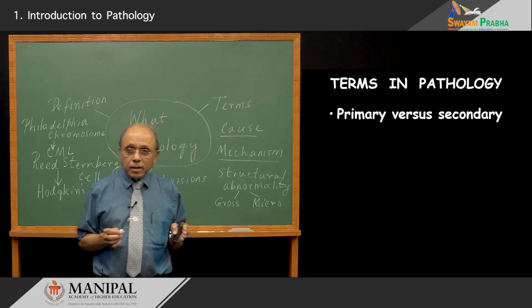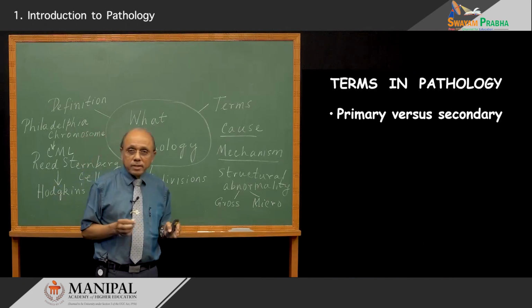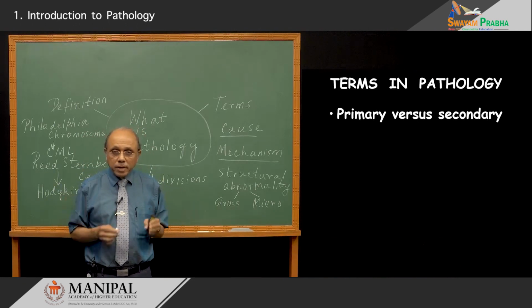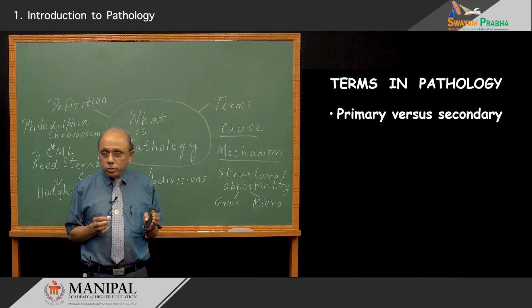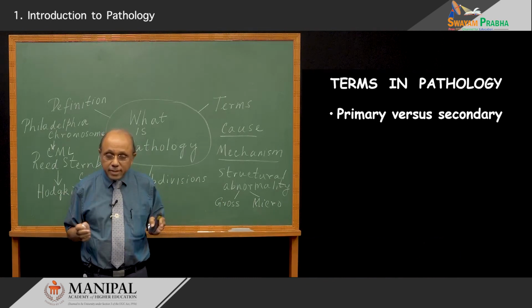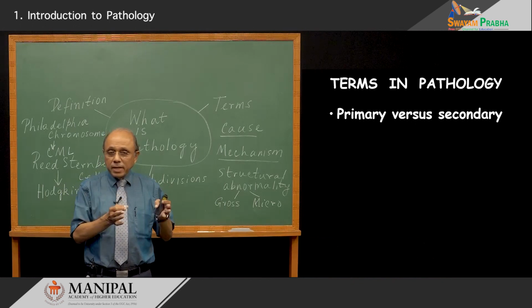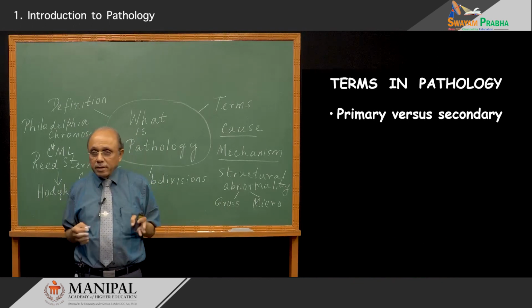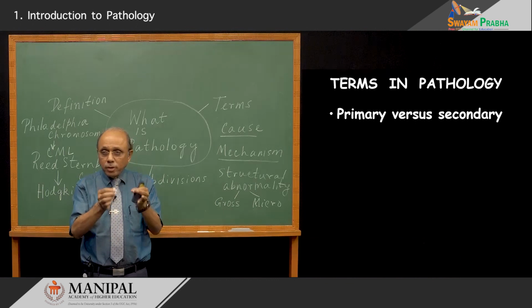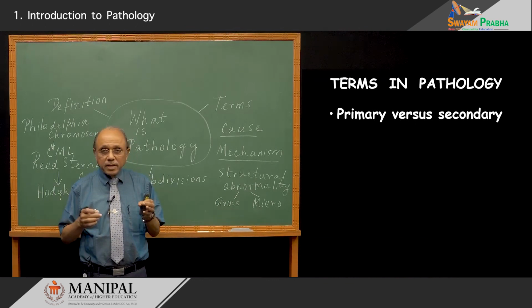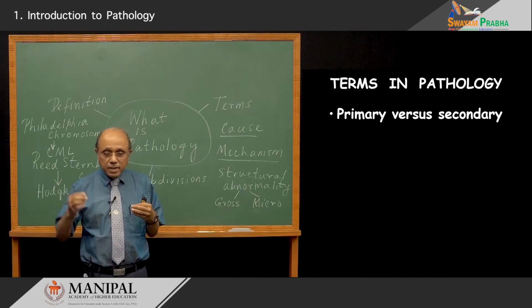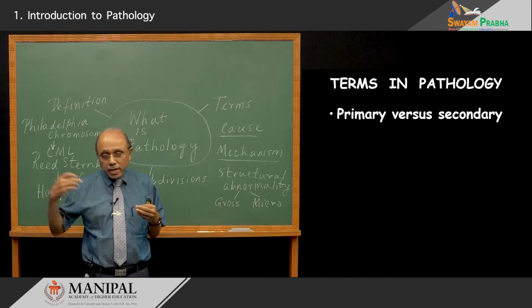Primary and secondary are also used in the context of neoplasms. When we talk about malignant tumors, when we talk about cancers, we say primary cancer and secondary. Primary means the focus where it is in its original location. Secondary means metastasis, it has spread to a different location.